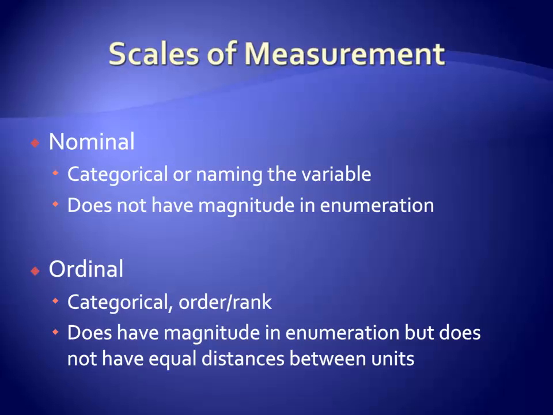Ordinal scales treat these two cases the same because they don't take into account the distances between the numbers. These scales only take into account the position or rank of the number. Both nominal and ordinal scales are considered to be categorical variables because in both scales the distance between the values is not interpretable.